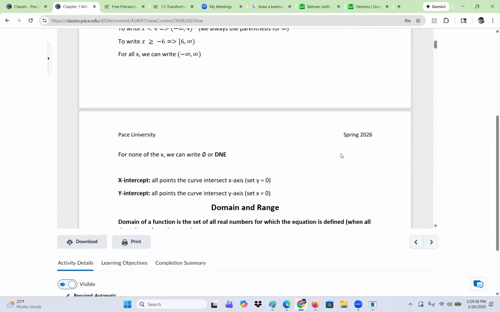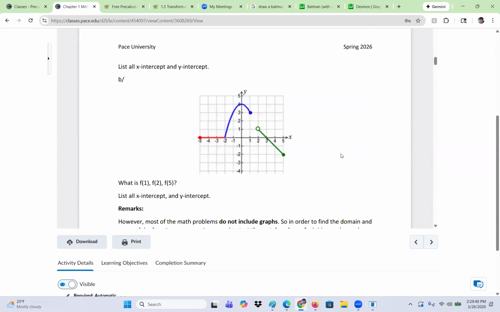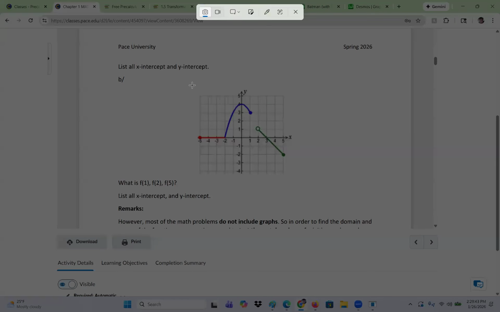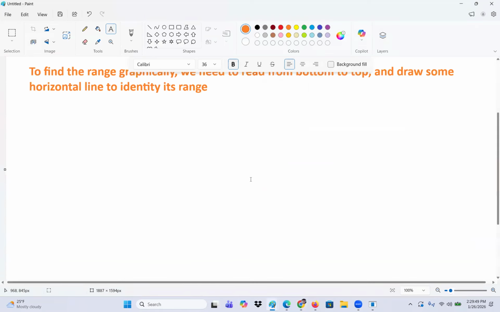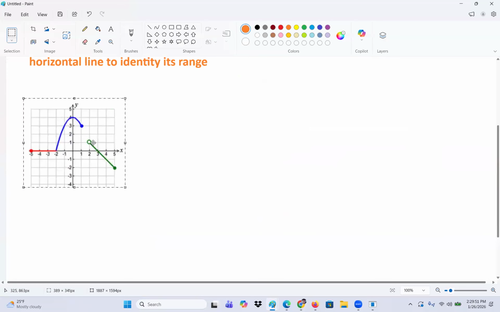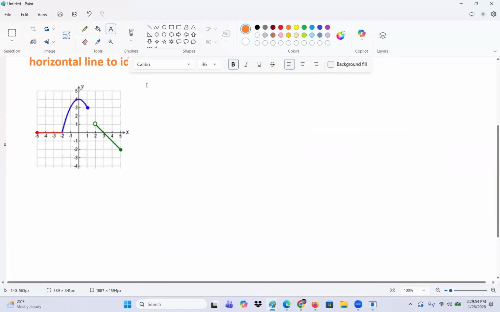And then let's go through some functions. So for example, we would like to find the domain and range based on this.